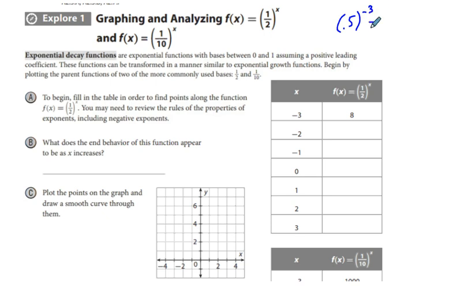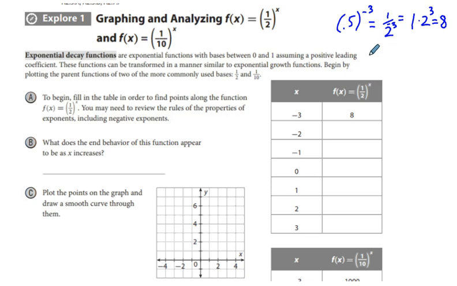What is that going to be? Well, it's going to be 1 over 2 to the -3rd power, which equals 1 times 2 to the 3rd power, which is equal to 8. So that's how we come up with this number already.